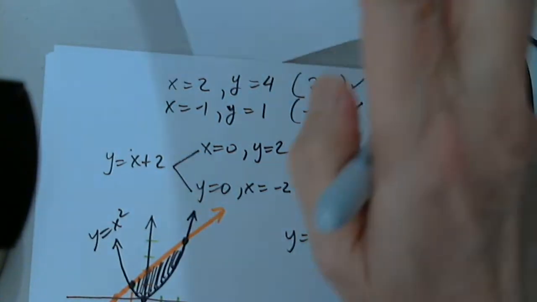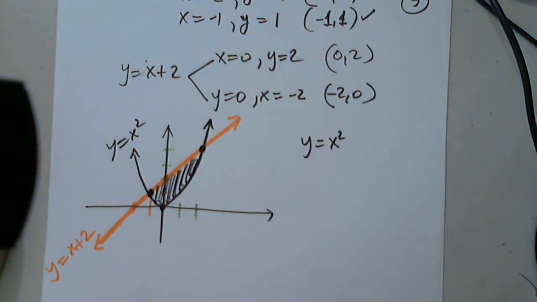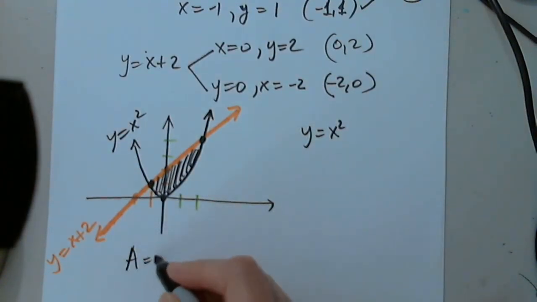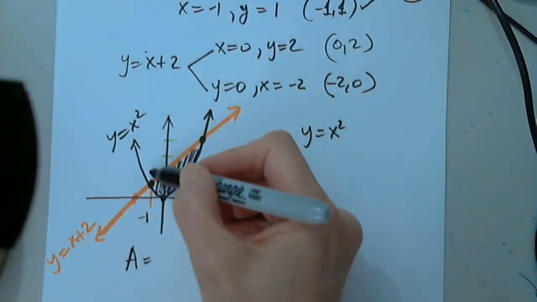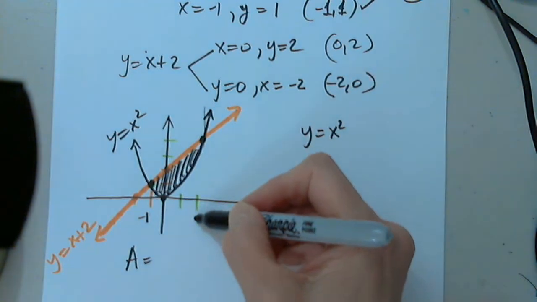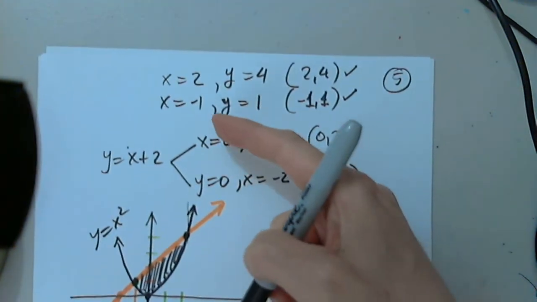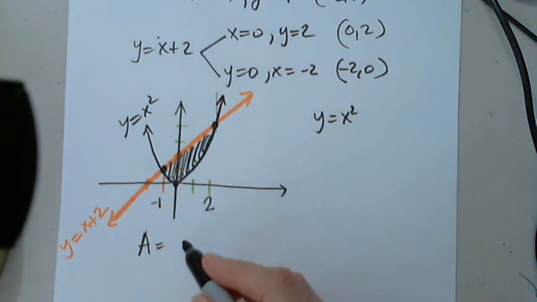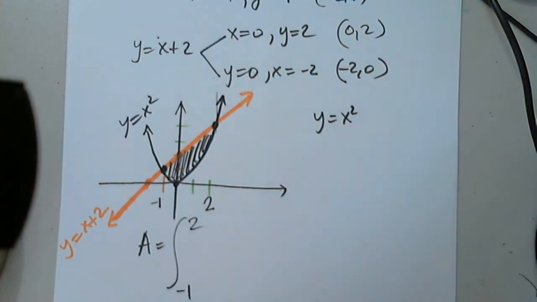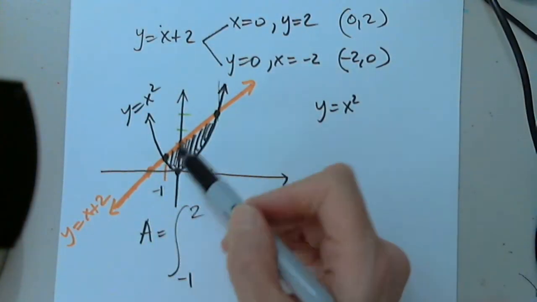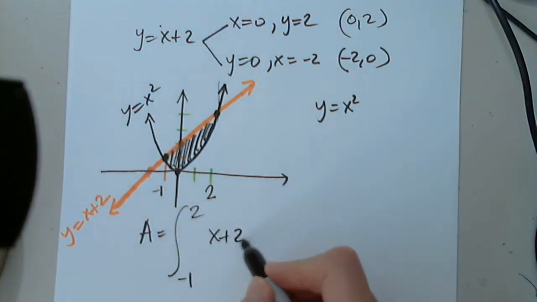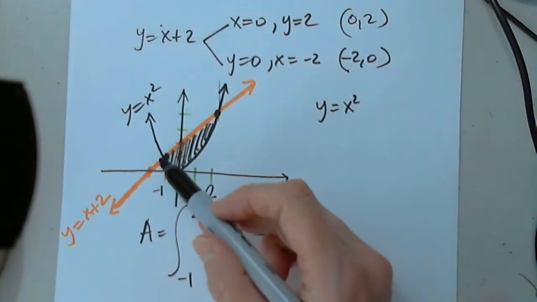And this is the area in question. So then the area must be between negative 1 and 2. Negative 1 and 2. So it's the area between negative 1 and 2 from the upper minus the lower.